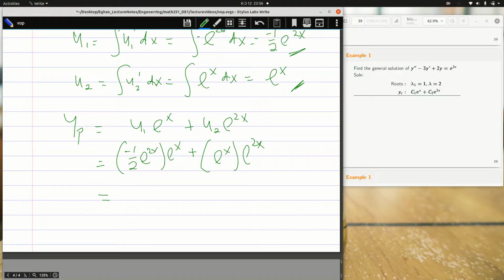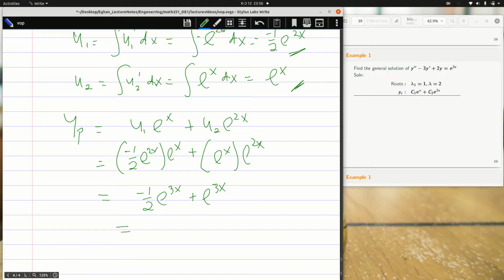I expand now, which is e to the 3x here. You realize these are common terms, so I can simply have it as half of e to the 3x. It's negative half plus 1. Then the factorization comes out. And so this is it.